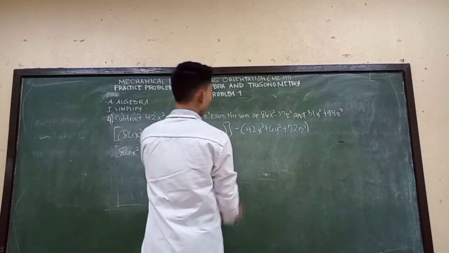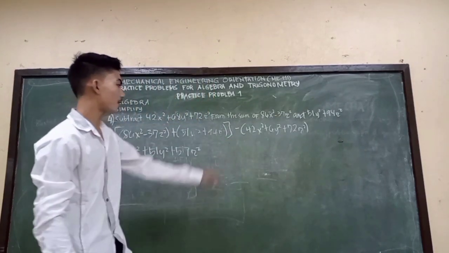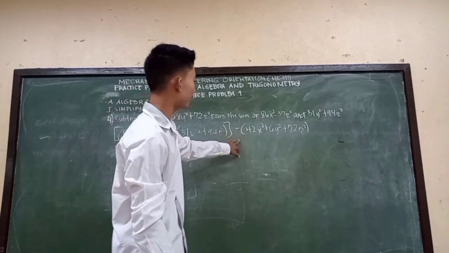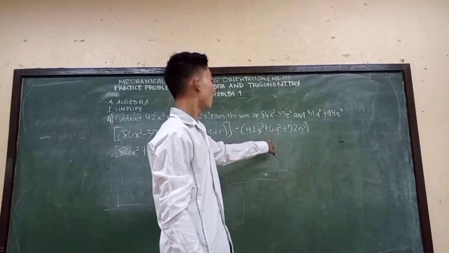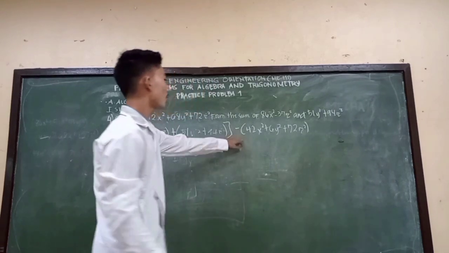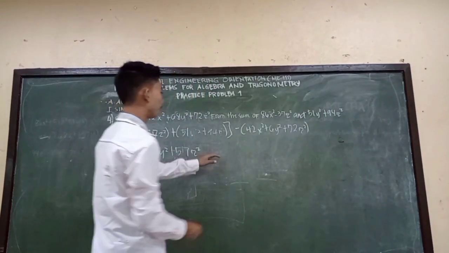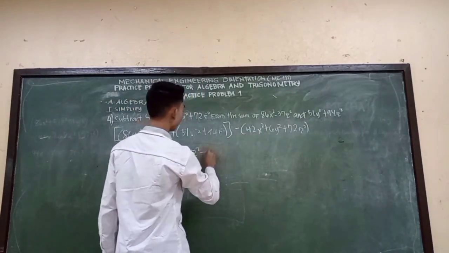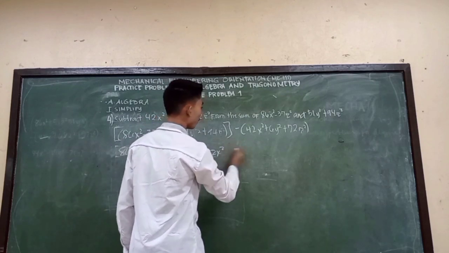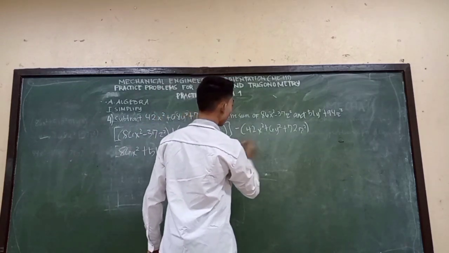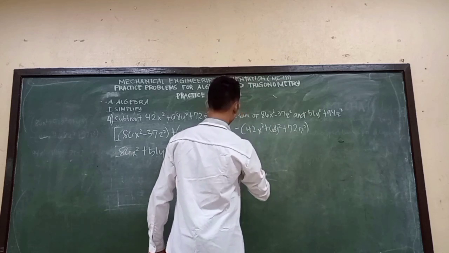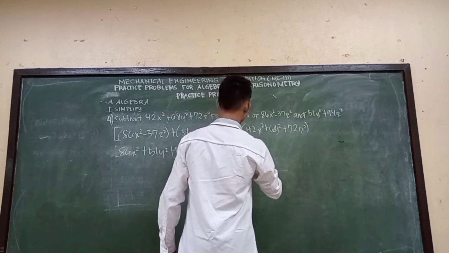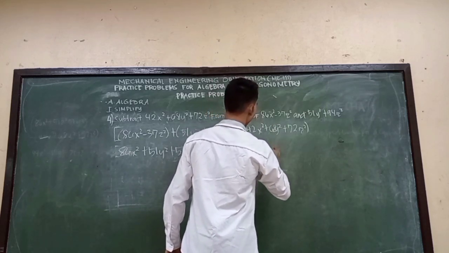And then, since there is a negative sign before the parentheses, of course, all the signs of the terms inside the parentheses will be changed. It will be negative 42x squared minus 68y squared minus 72z squared.